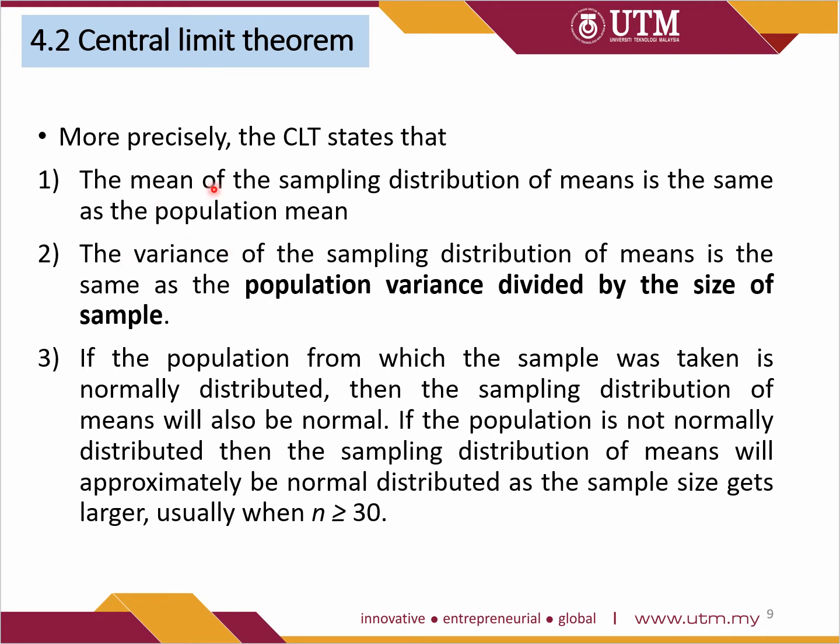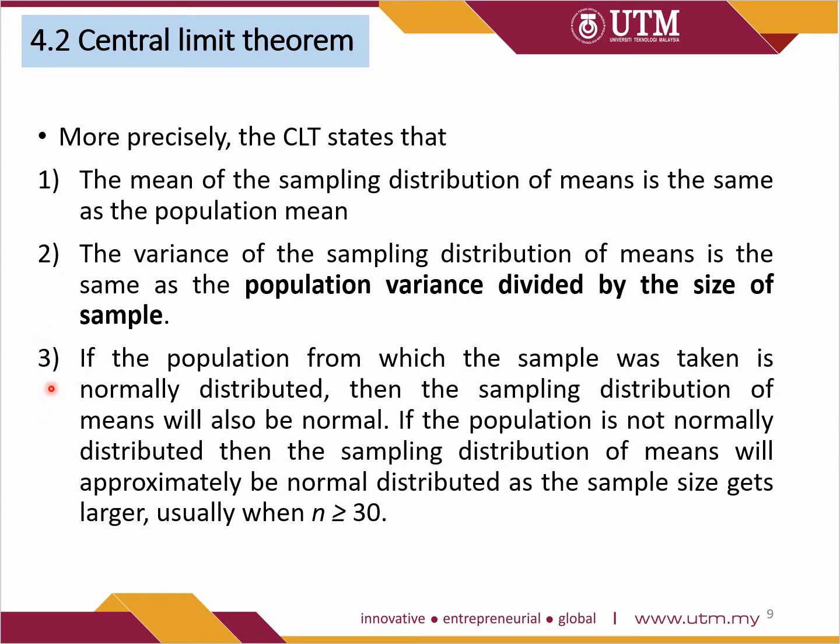More precisely, the central limit theorem states that, first, the mean of the sampling distribution of means is the same as the population mean. Second, the variance of the sampling distribution of means is the same as the population variance divided by the size of the sample.